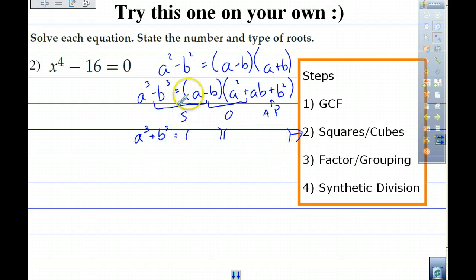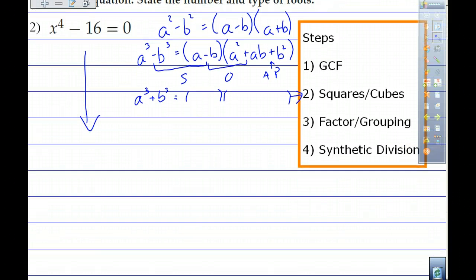So after doing a GCF, you want to see if any of this stuff can be applied. Because yeah, we could do it the long way. We could throw it into a process that I'll tell you about tomorrow. It's kind of long. It works all the time, but it's kind of long. But if we can do this, it'll be a lot faster. So on this one, go down here. Which one can you use here?